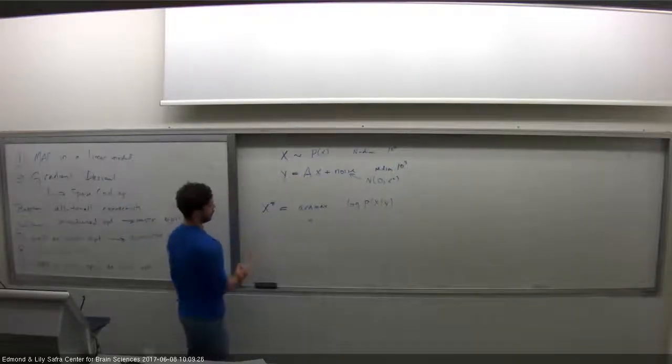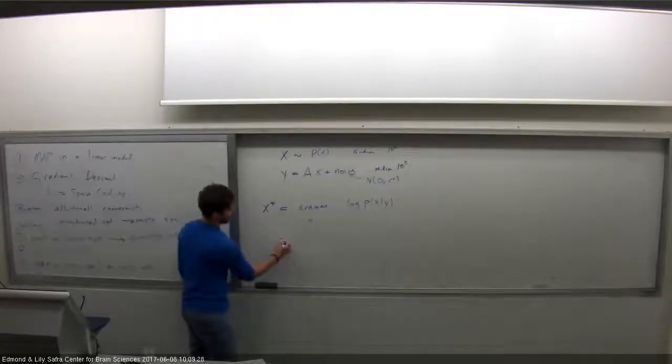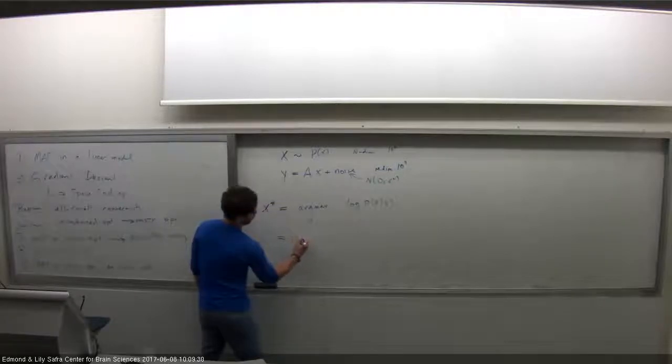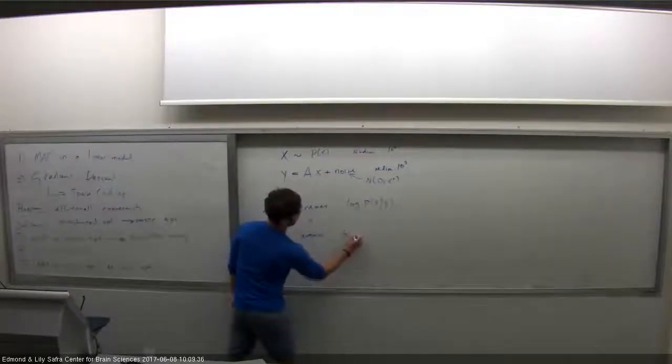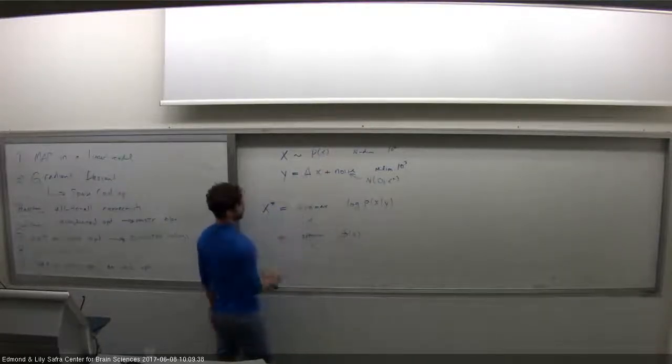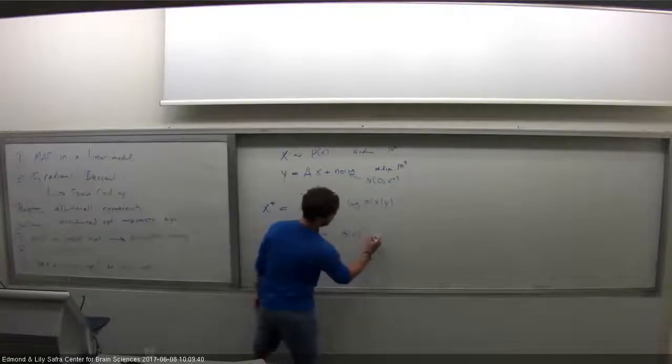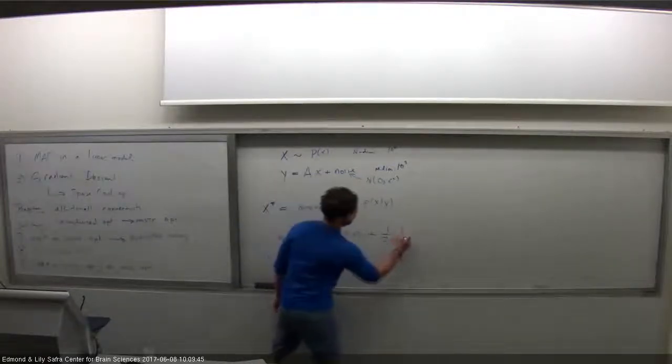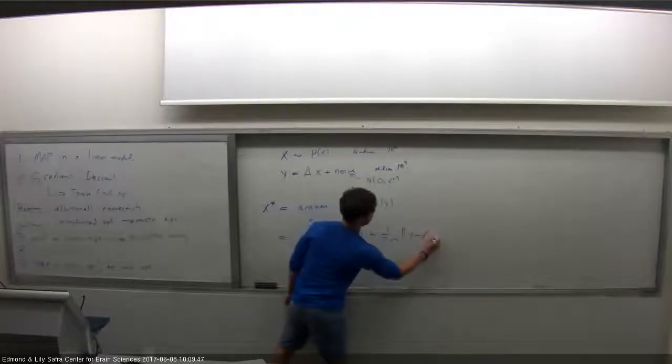If we actually do this, we're minimizing some function, arg min of some phi of x, which is the negative log probability of the prior, which for now just won't matter, plus some contribution from your observation model. So very simple.